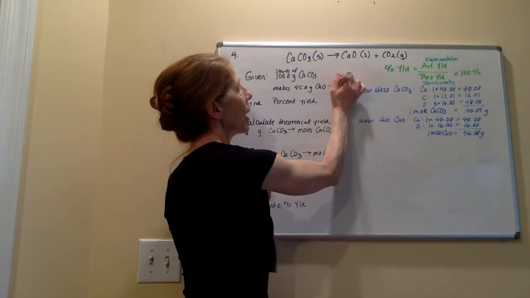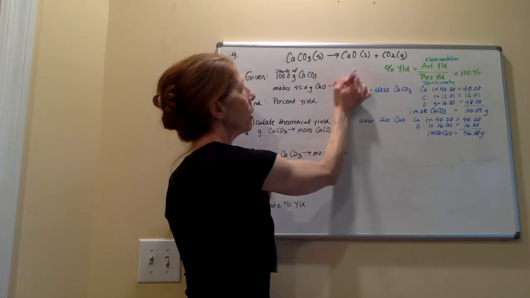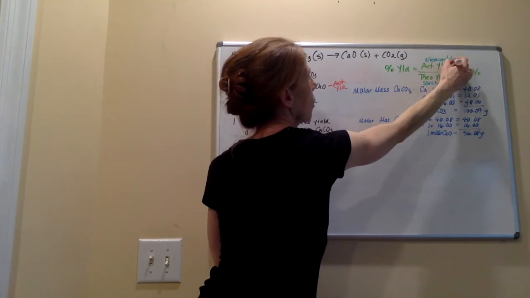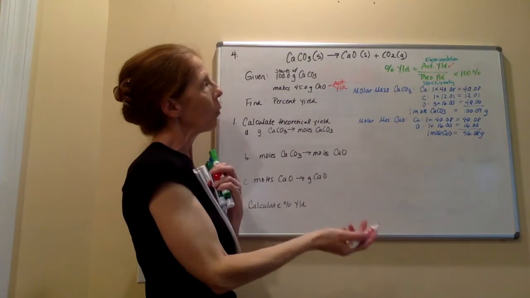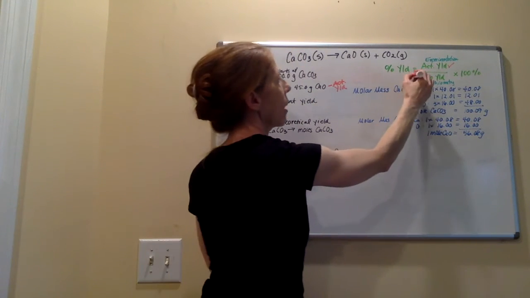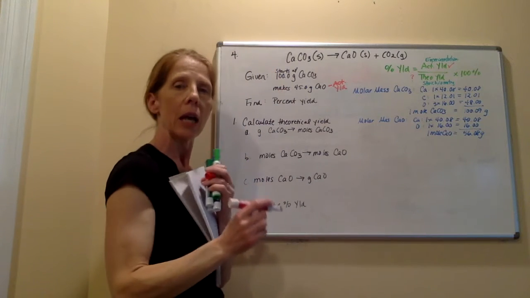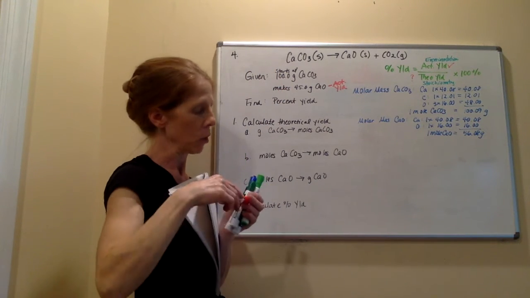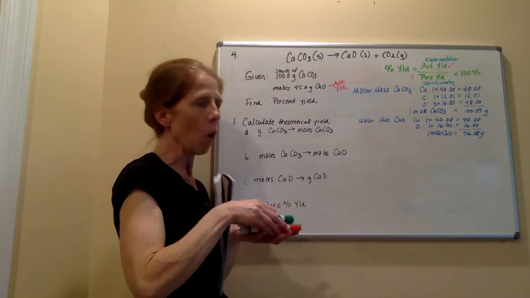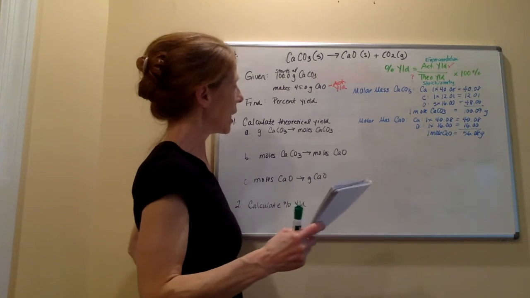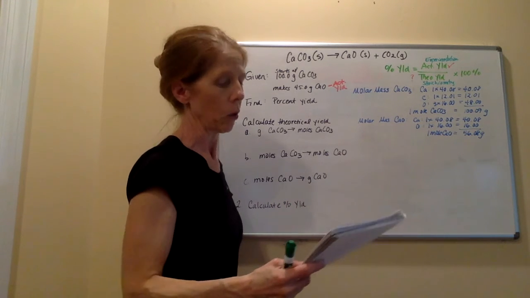So it would go right here. And to find the percent yield, the only other amount that I need is my theoretical yield. I already said we would find that using stoichiometry. So we're going to work through all the steps of solving this so you see exactly what we're doing. You ready? Here we go.